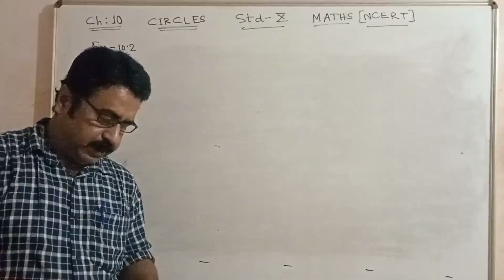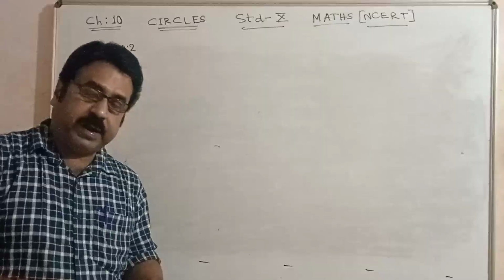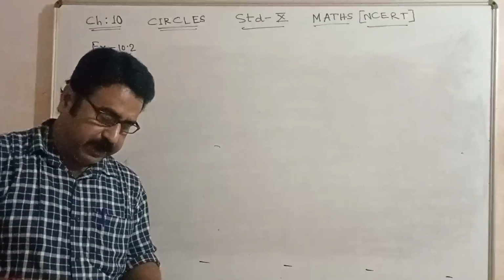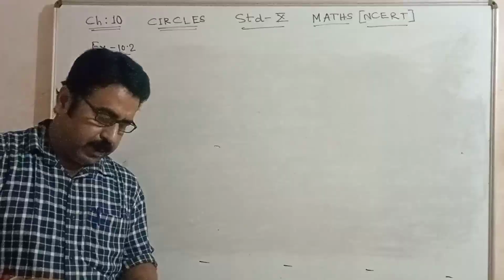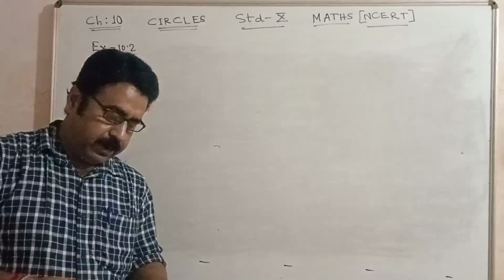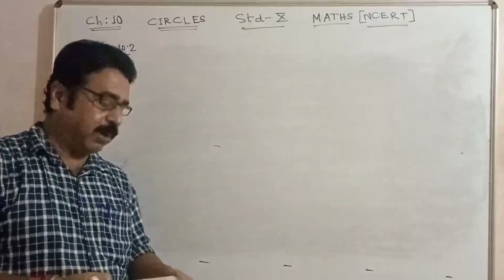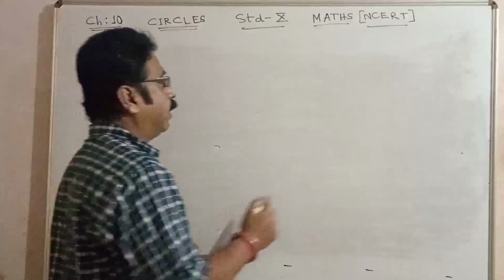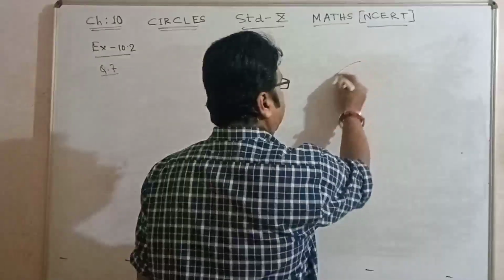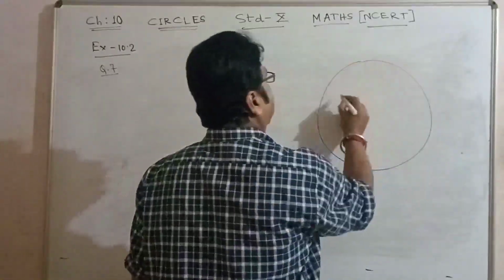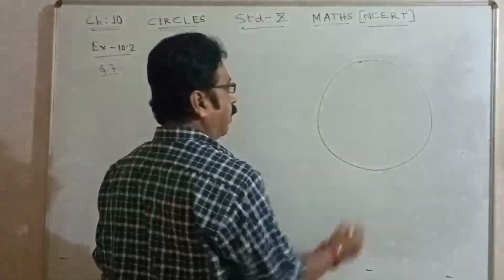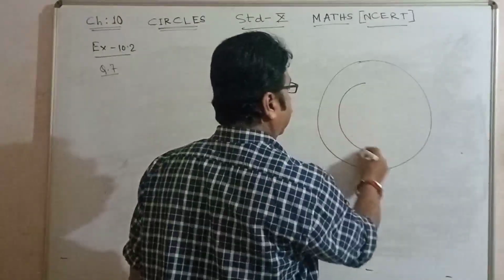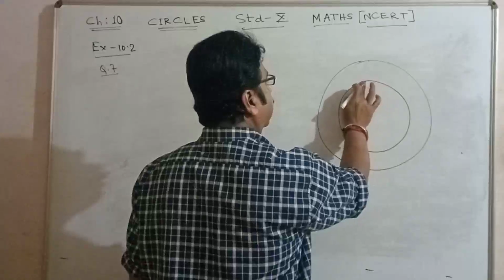Two concentric circles are of radii 5 cm and 3 cm. Find the length of the chord of the larger circle which touches the smaller circle. Suppose this is the larger circle, this is the smaller circle.